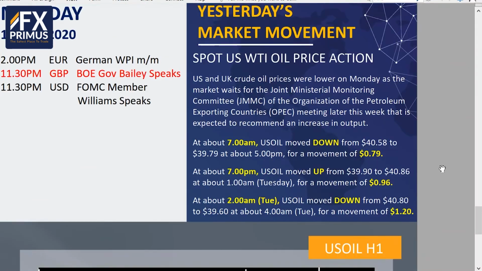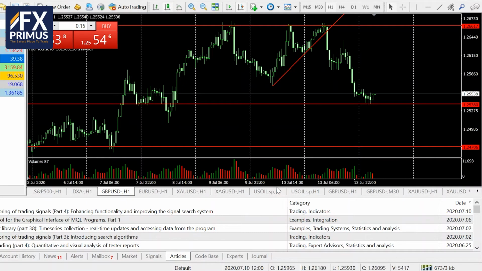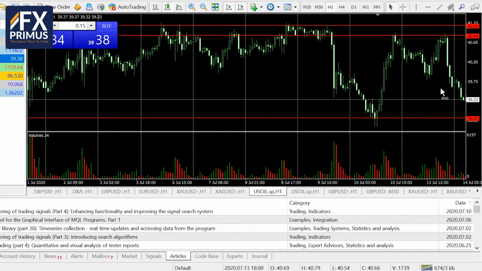Nevertheless, as mentioned before, whenever you have to choose between following the news or following the chart patterns, always choose to follow the chart patterns and price action, because price always knows the best, the market always knows the best.